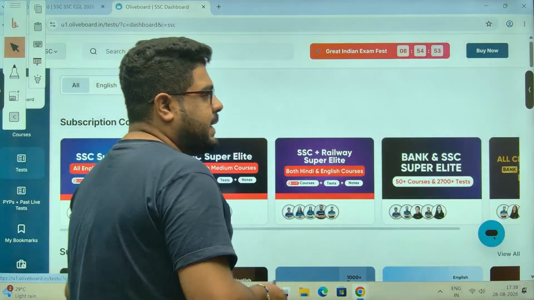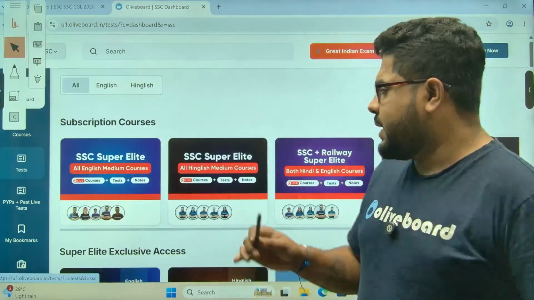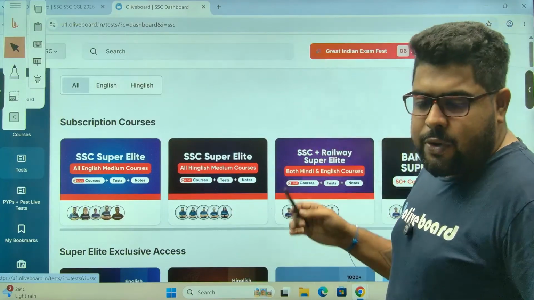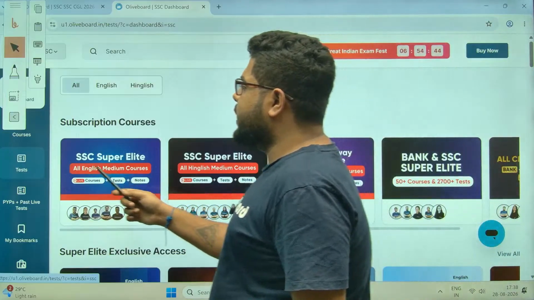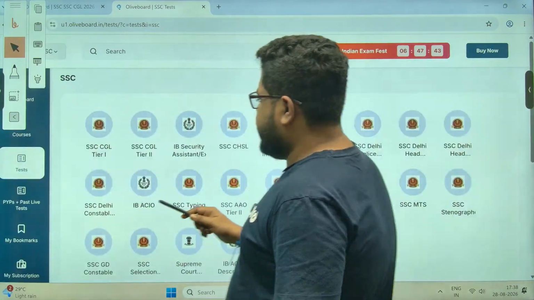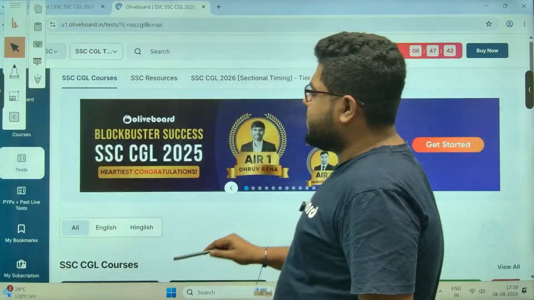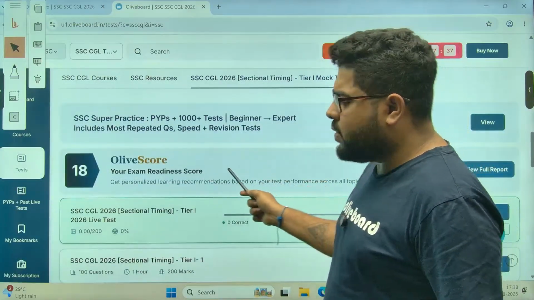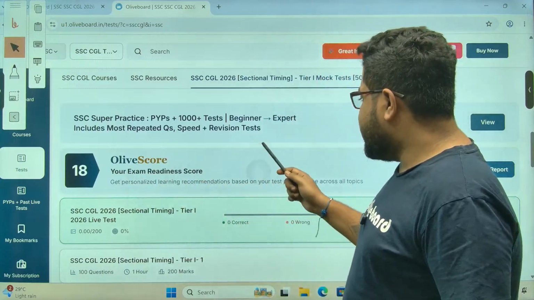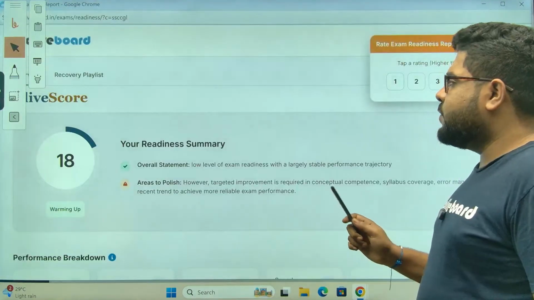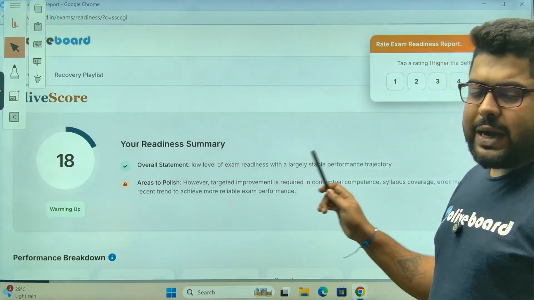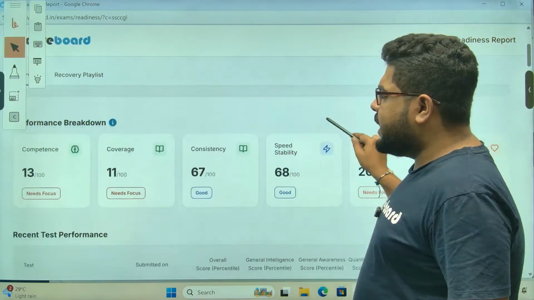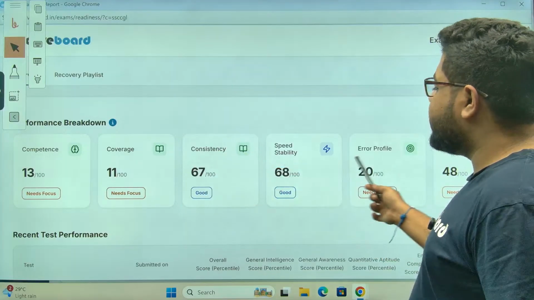Sir, please understand something. Just a second, we'll solve this. If you want to check your progress on our platform, go into the test section and select, let's say, CGL Tier 1. Scroll down a little bit and you'll find something called your Olive score. If you go into the full report, this is your readiness score, how ready you are for the examination. It gives you a readiness score based on different metrics.